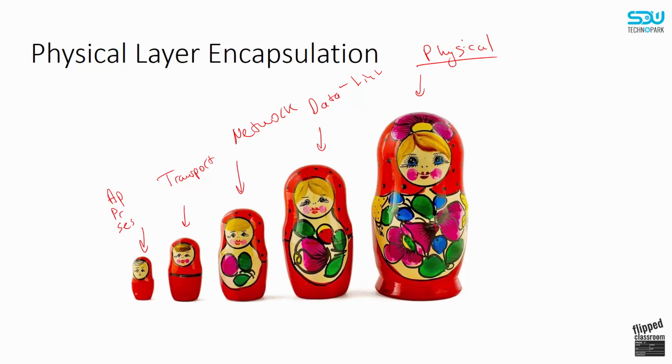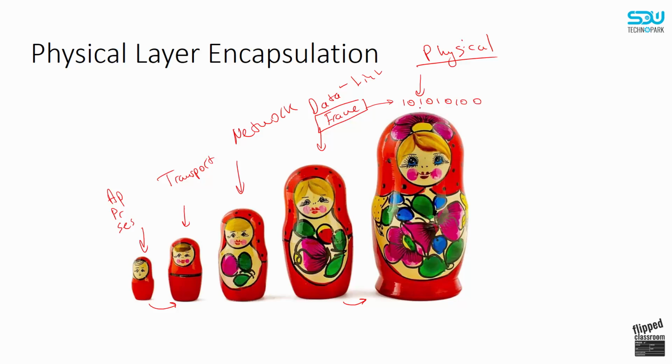After encapsulating from our first matryoshka to the last matryoshka, we have some changes in the sizes of these matryoshkas. At the end, we had the frame in the data link layer. This frame goes to the physical layer and is represented as a binary stream.